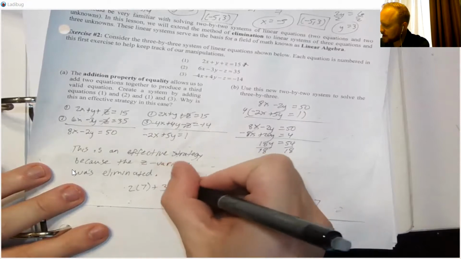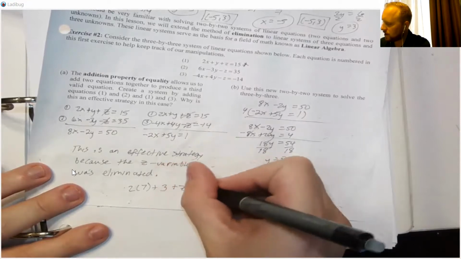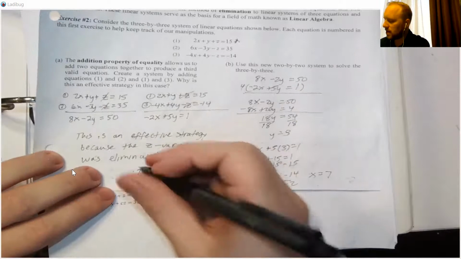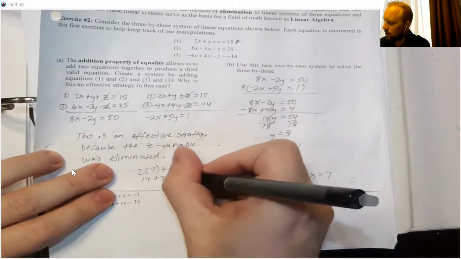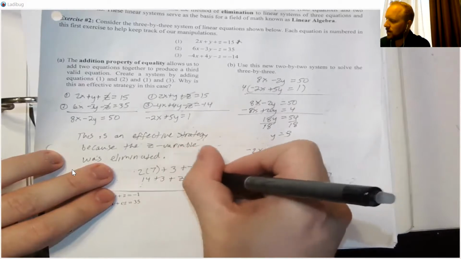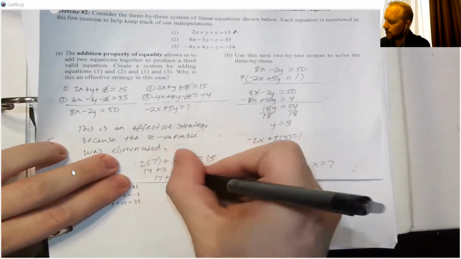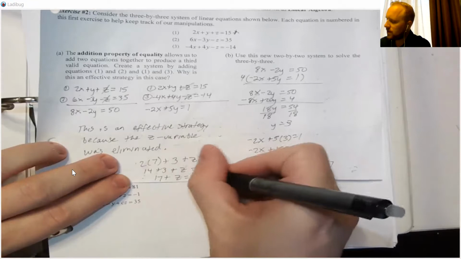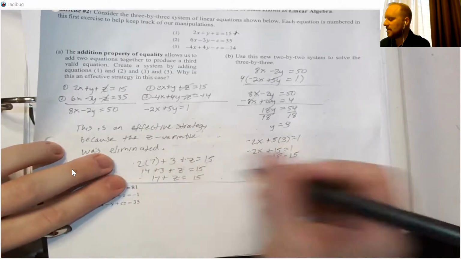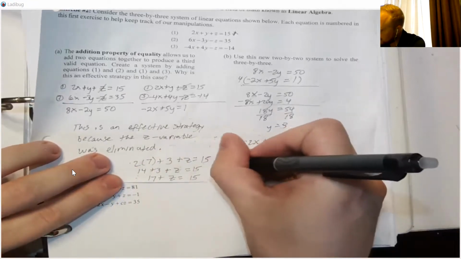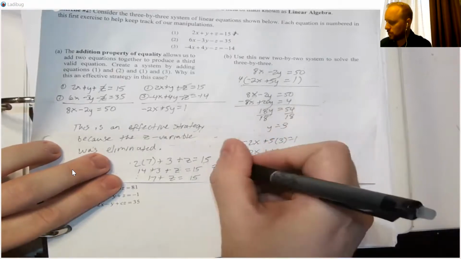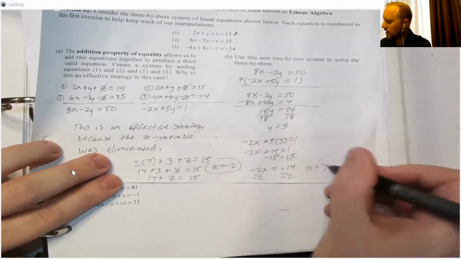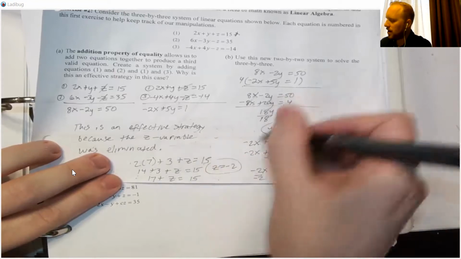And we don't know what z is, and it's equal to 15. So we're going to solve 2 times 7 is 14, plus 3, plus z equals 15. We're going to take 17 plus z equals 15. We're going to subtract 17 from both sides. So we got z is equal to negative 2.